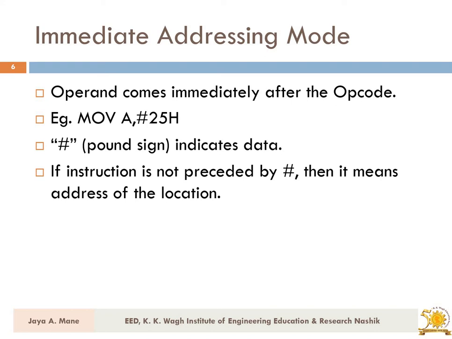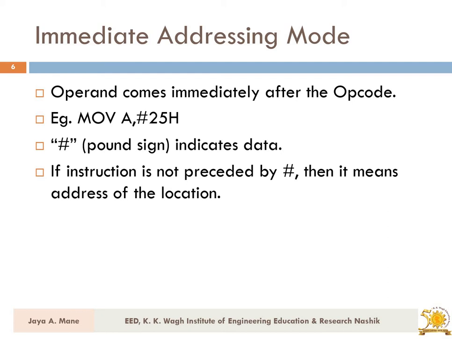Always remember that immediate addressing mode has an indication: if you have a hash sign before a number, then it indicates data. If it is not with the hash sign, it indicates the address of the location.